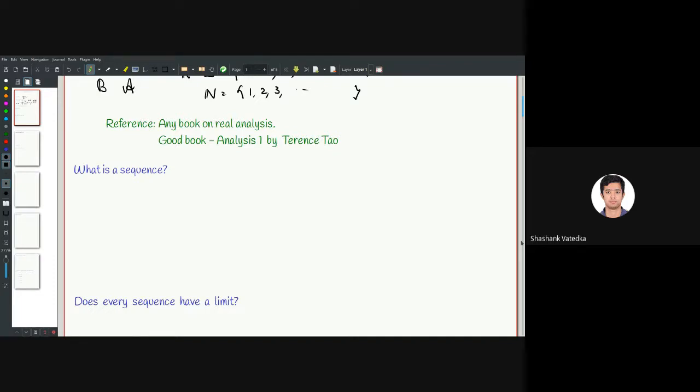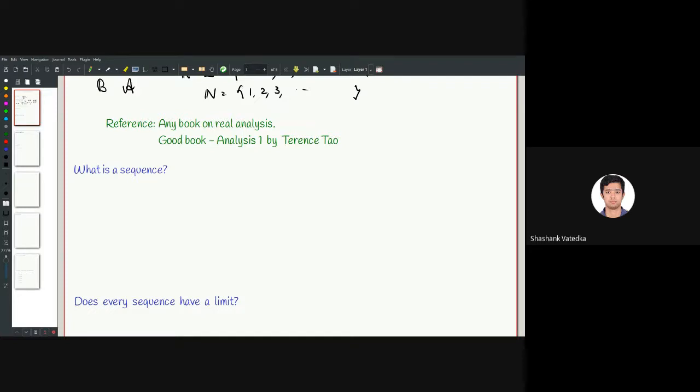Okay, so let's be careful and define what a sequence is. Can anyone give me a definition of a sequence? It's like a collection of objects arranged in some manner, like some pattern. Okay, so it's an ordered collection of objects. That's a good intuitive way to start.